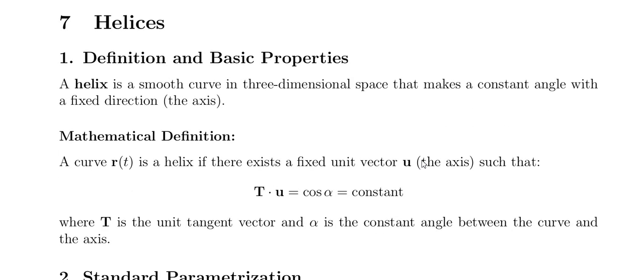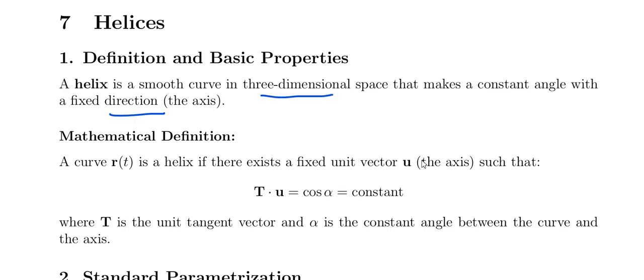The next one, helices. The definition: a helix is a smooth curve in three-dimensional space that makes a constant angle with a fixed direction, that is called the axis.